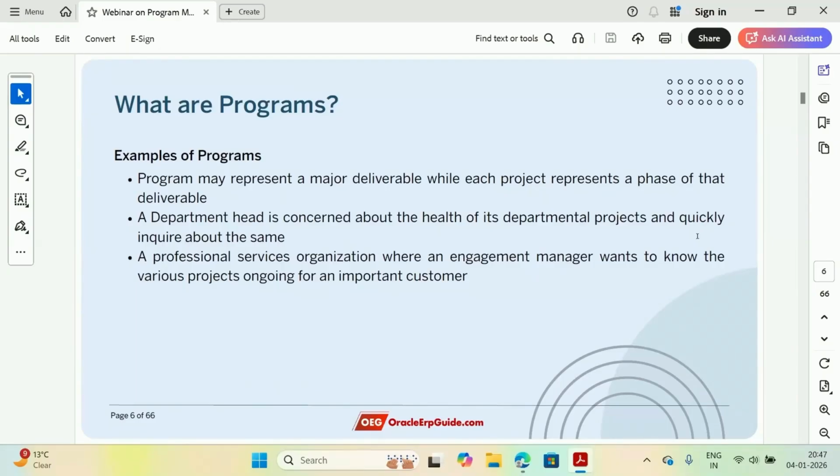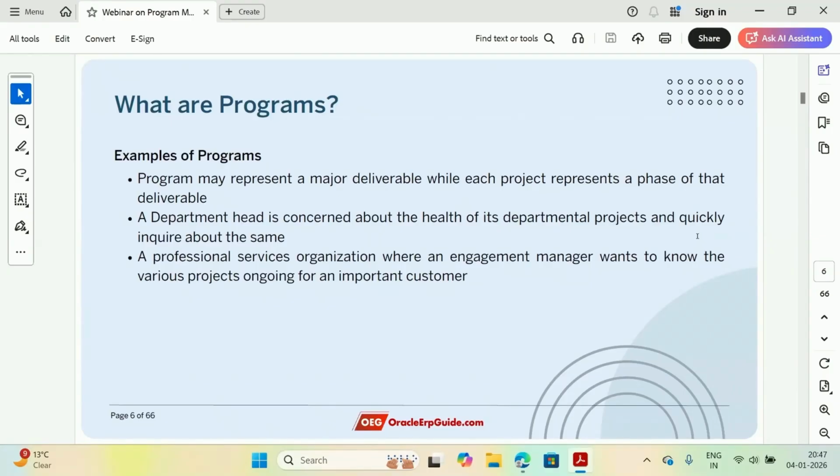Okay. Another example can be a professional services organization, right? Where there is a customer engagement manager who wants to know what are the various projects ongoing for a particular customer, right? So say there is a particular customer. Now there are 5 projects going on for that customer.